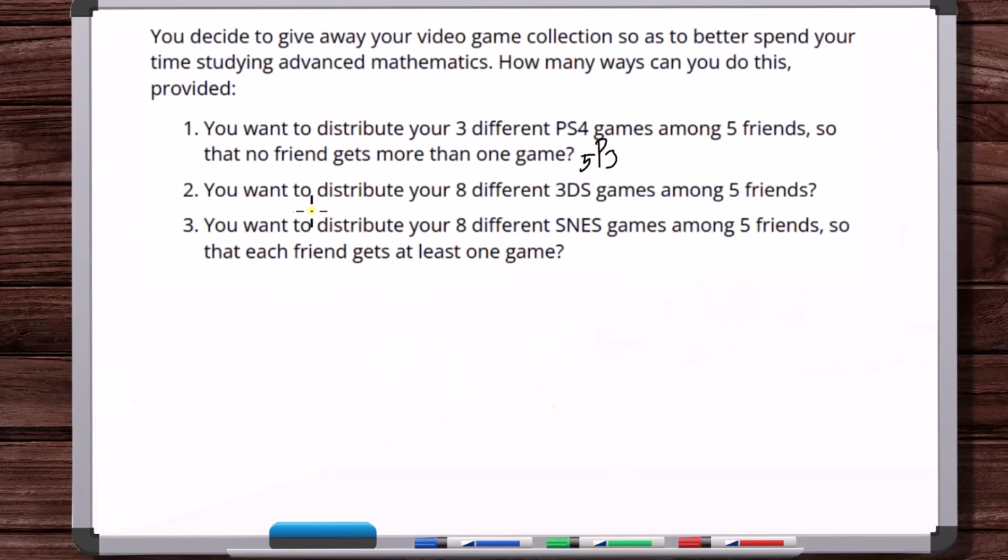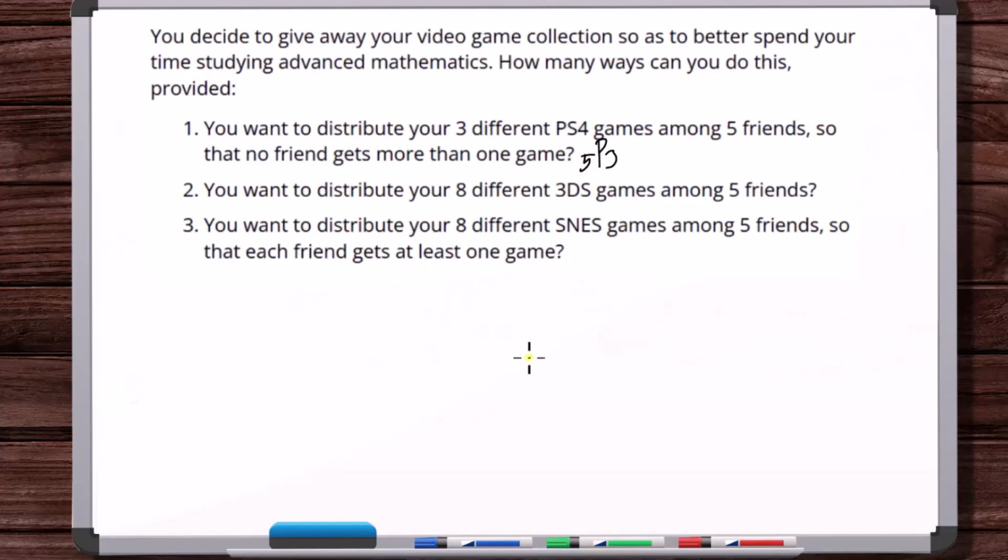Okay, case 2, you want to distribute your 8 different 3DS games among 5 friends. So, okay, this is a little bit different. We can't just say 8P5 because we had 5 friends. If we just use what we did here, it would be something like 5P8, which doesn't make sense, right? Because this is the number of friends.